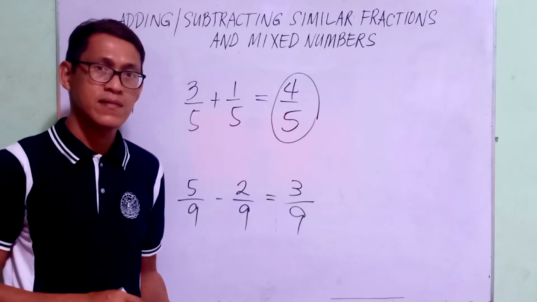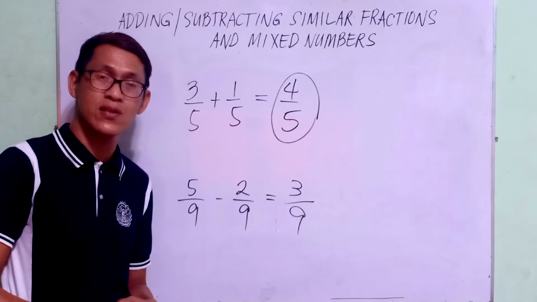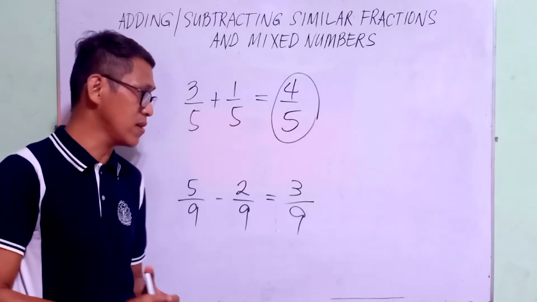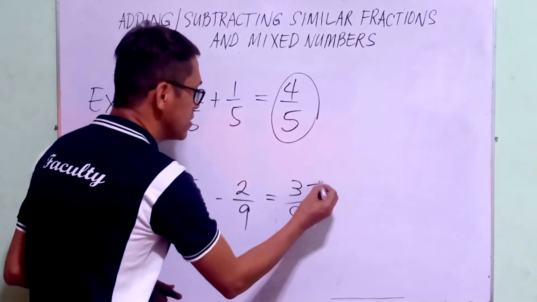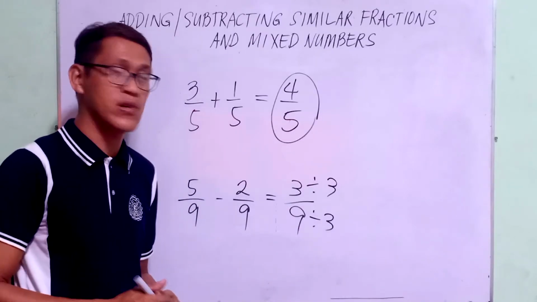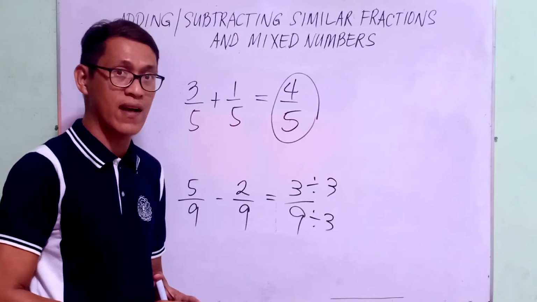There. But if you notice, 3/9 is not in lowest term. Remember, your answer should always be expressed in lowest term. So how will you change this to lowest term? Yes, 3 and 9 can be divided by 3, right? That's the biggest number you can divide 3 and 9. And we call it the greatest common factor.